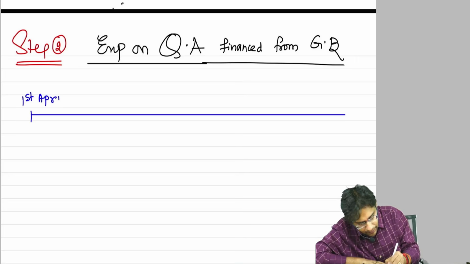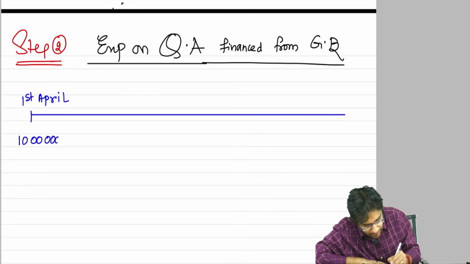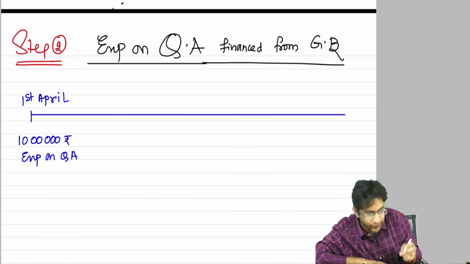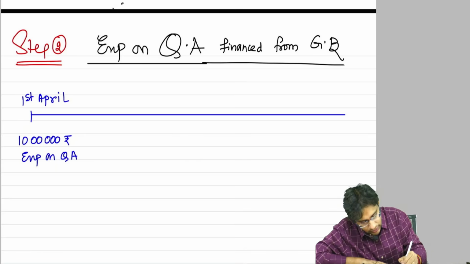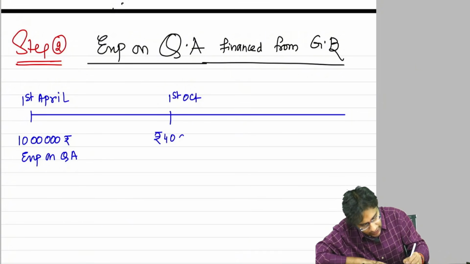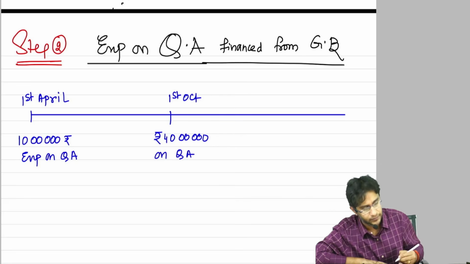1st April, you spent 10 lakh rupees. Expenditure on qualifying asset. 1st April. Then you spent on 1st of October rupees 40 lakhs on qualifying asset.